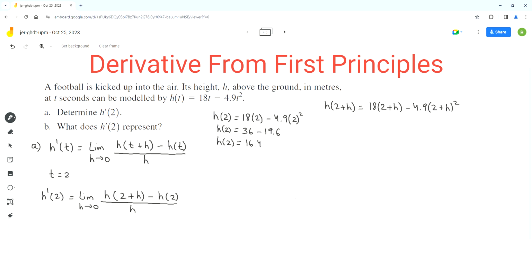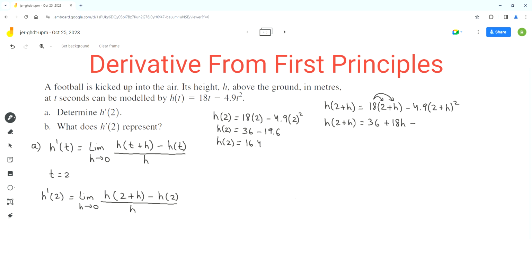Now we have to simplify this expression. In the first parentheses, we distribute the 18, so we get 36 plus 18h.